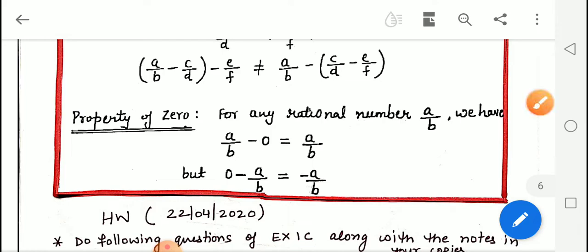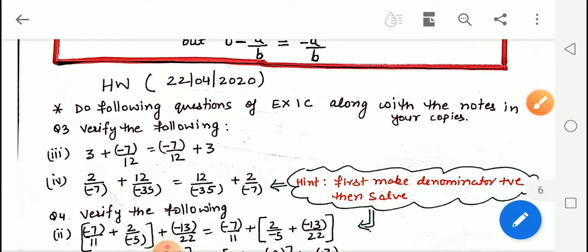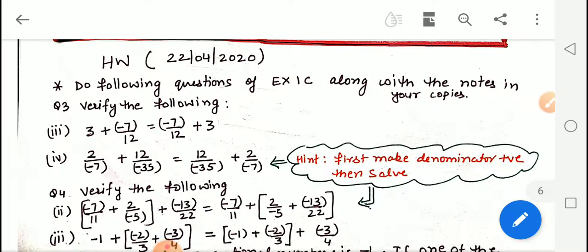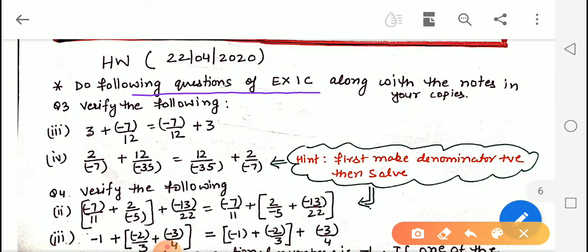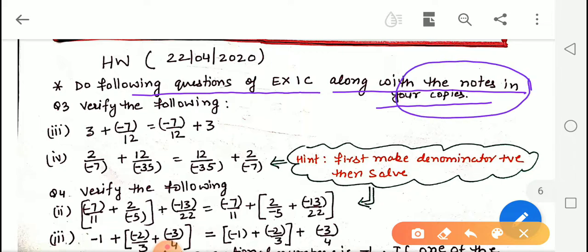Now it's time for homework. Today's homework: do the following questions of exercise 1C along with the notes in your copy. First you have to write your notes, which I will provide in PDF form and which I have explained today. And along with that you have to do question number 3. I have written the question here, question number 3 parts 3 and 4.